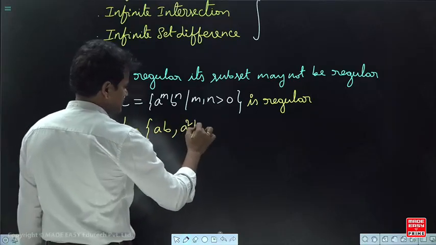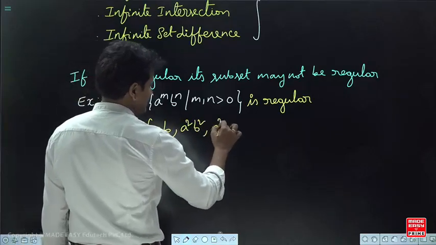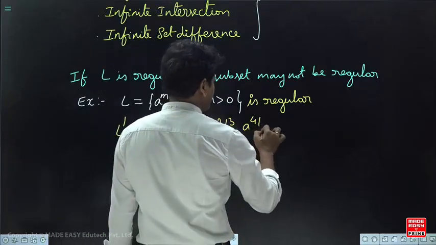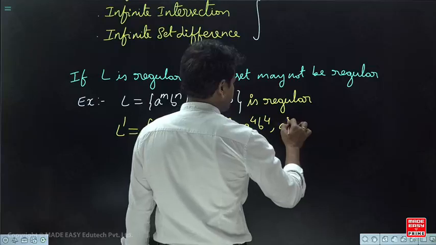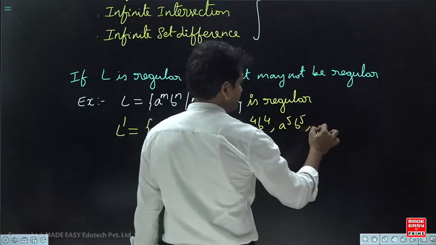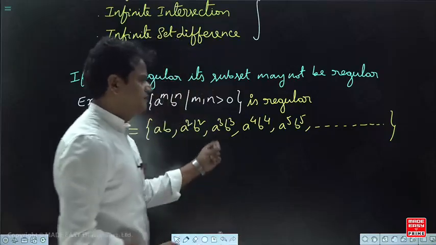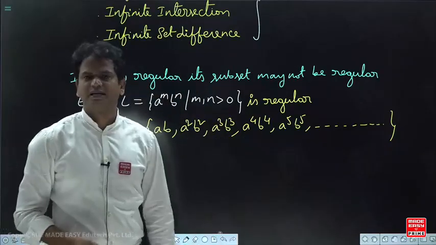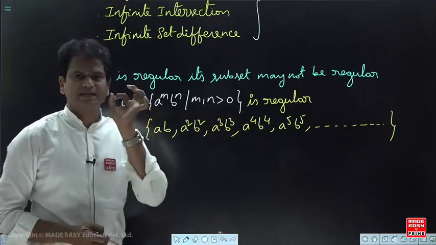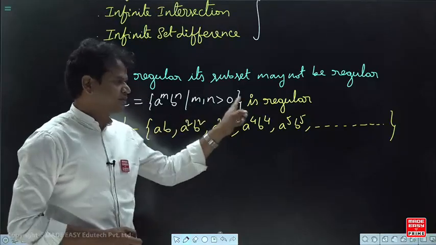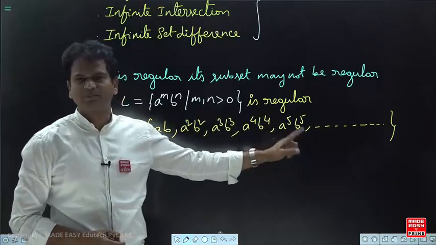In this language, A square B square will be there, A cube B cube, A power 4 B power 4, A power 5 B power 5, A power 6 B power 6, A power 7 B power 7, and so on. Infinite strings will be there with equal A's and B's: A power 100 B power 100, A power 200 B power 200, A power 1000 B power 1000, A power 1 lakh B power 1 lakh.